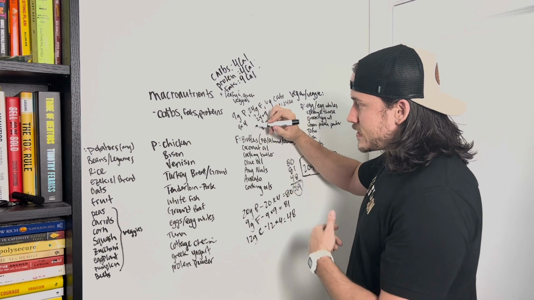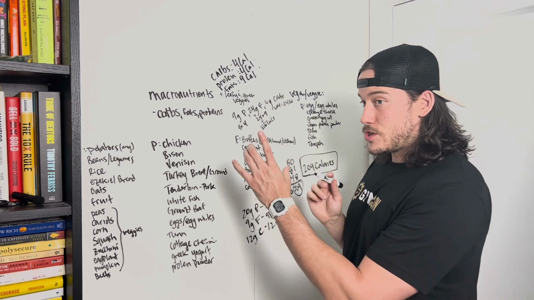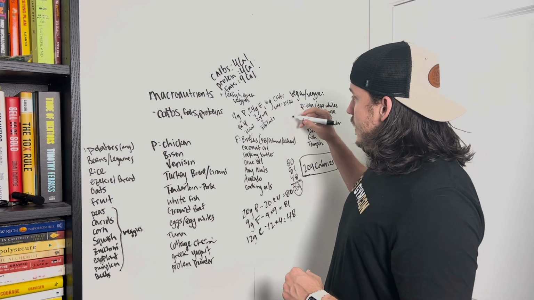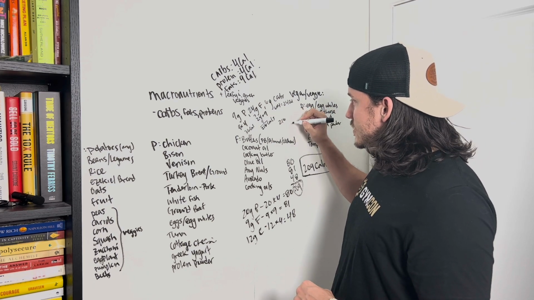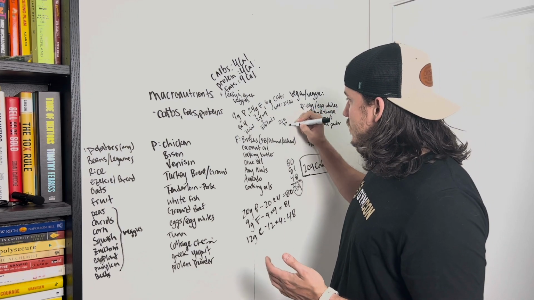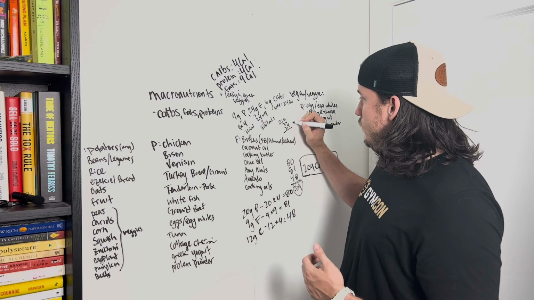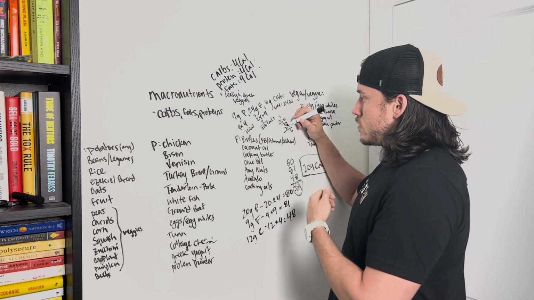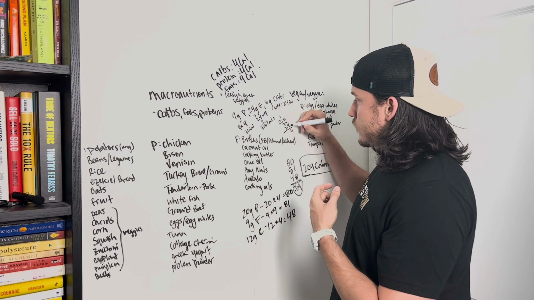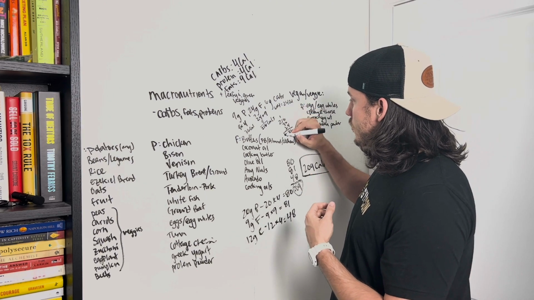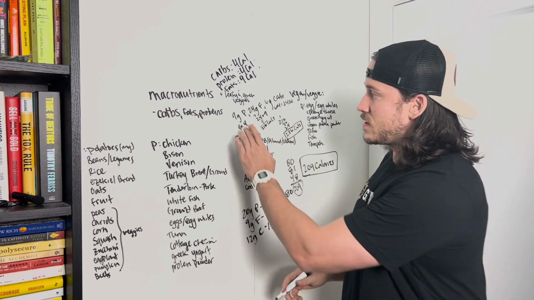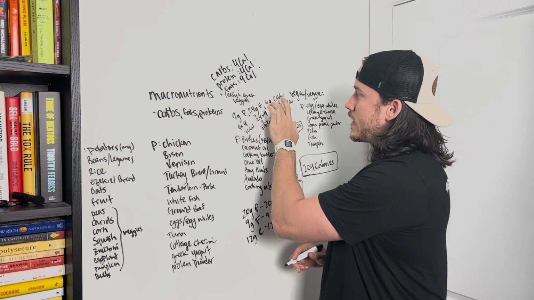And then on the protein side, 9 times 4 is 36. Then 216 plus 36 plus 24 is 276 calories from something that is 9 grams of protein, 24 grams of fat, 6 grams of carbs.